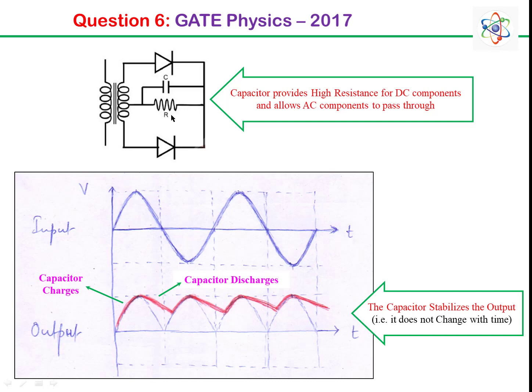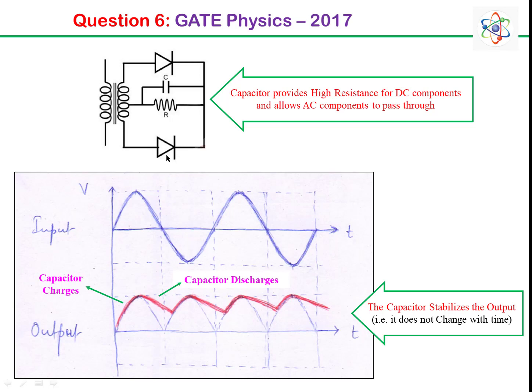Now because of that, what will happen is, when this input signal is given, at that time the capacitor will charge like this, and for the falling signal, the capacitor will discharge like this. But when it tries to fall down to 0, by that time it encounters the current from the second diode.